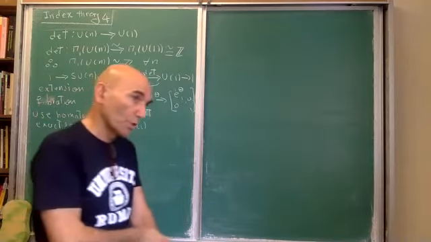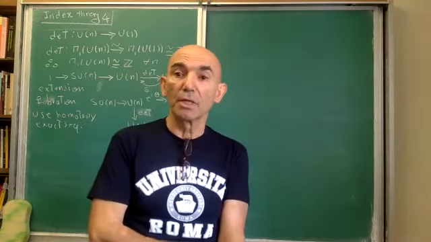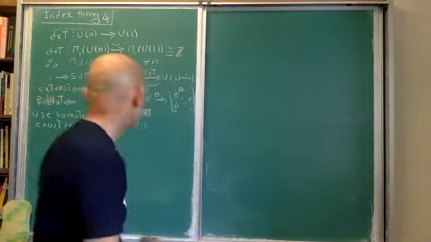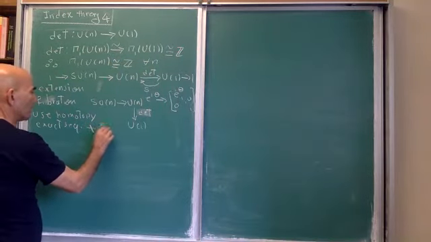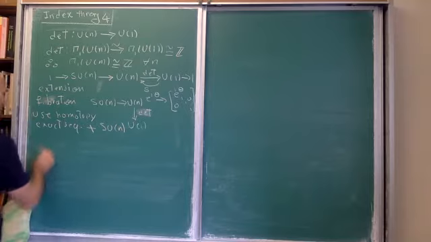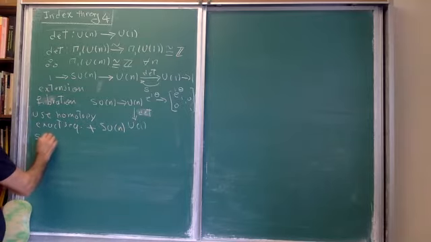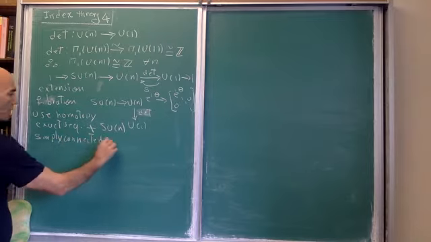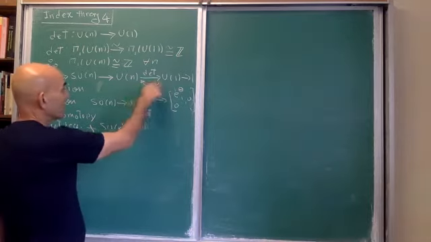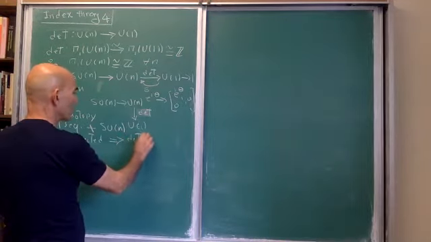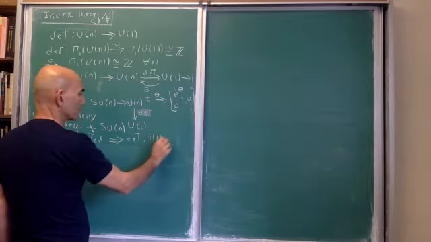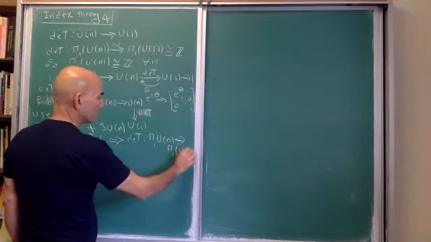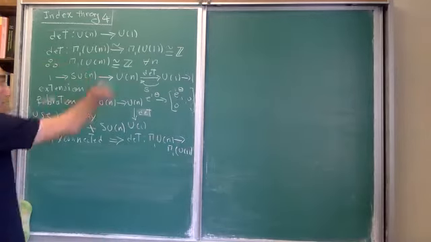Then all you have to know is that SUn is actually simply connected, and U1 has pi1 equal to Z. You can use these two things to conclude that actually this determinant induces an isomorphism from pi1 of Un to pi1 of U1. So this is an isomorphism, and this finishes the proof.